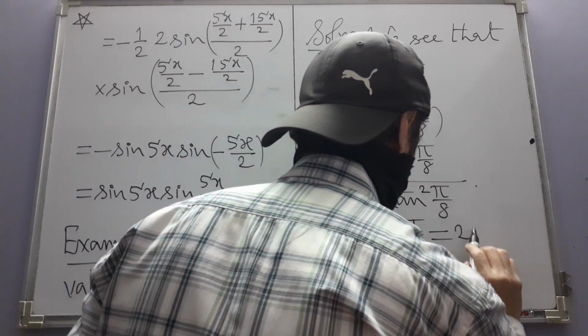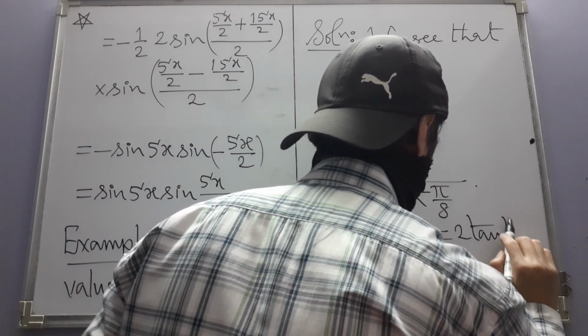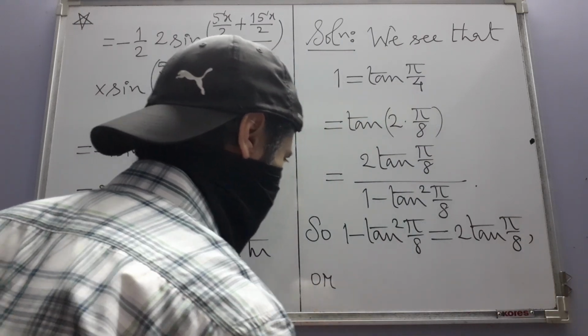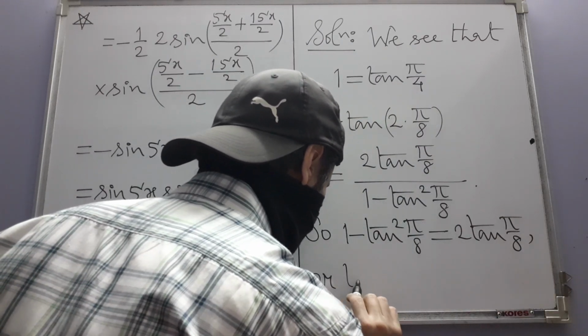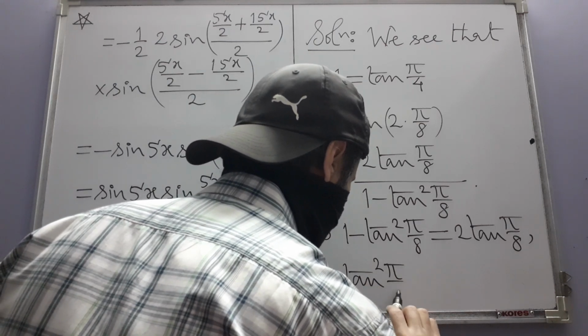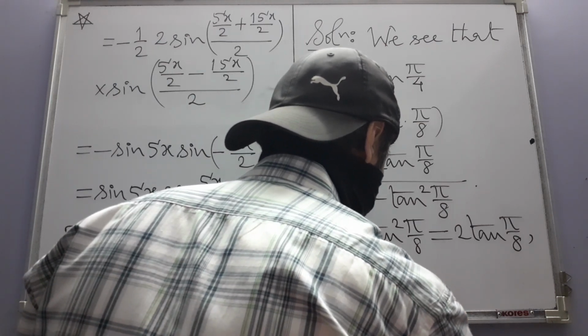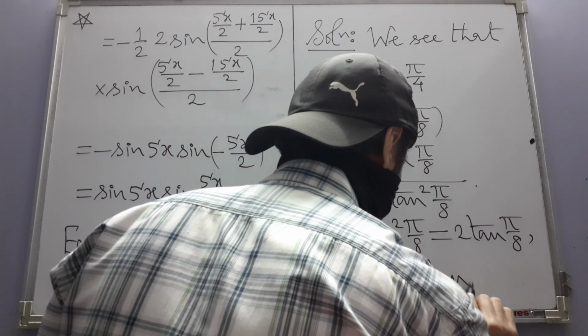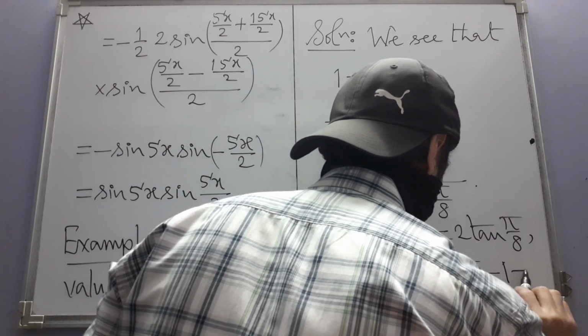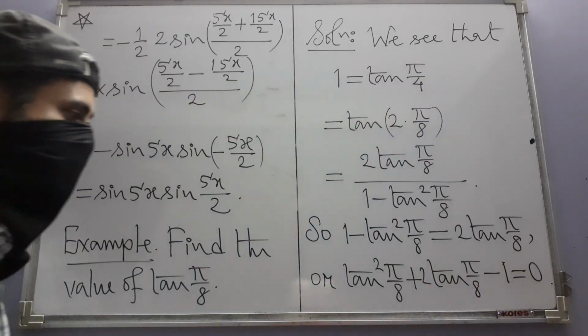This is equal to 2 tan pi over 8, or a little more rearrangement gives us tan square pi divided by 8 plus 2 tan pi divided by 8 minus 1 equal to 0.